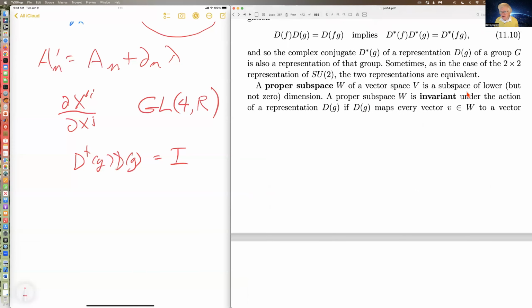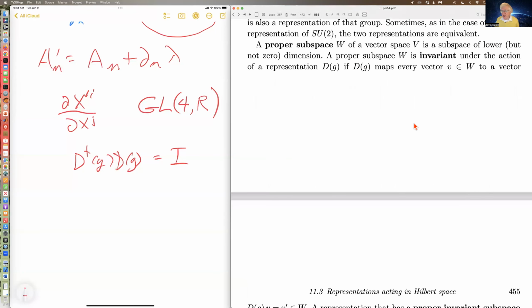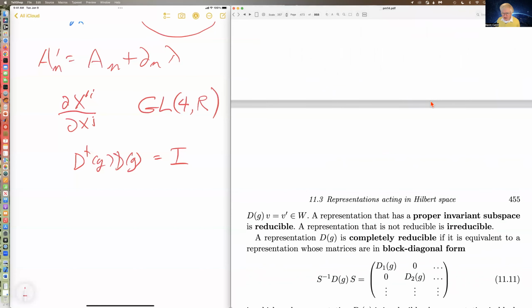A proper subspace of a vector space is a subspace of lower dimension, but not zero dimension. And a proper subspace is invariant under the action of a representation if D of G maps every vector in the subspace into another vector in the subspace.